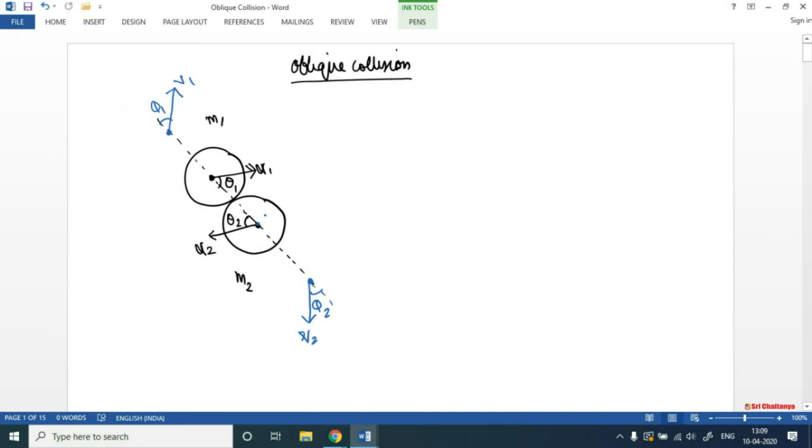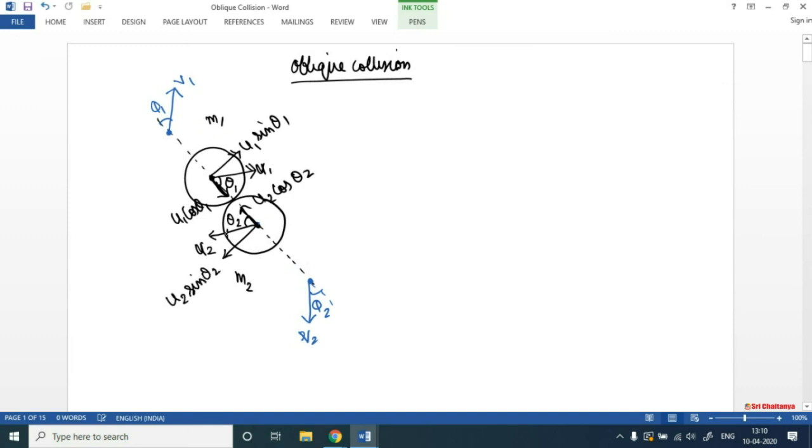First, we will be resolving the velocities along two mutually perpendicular directions: one along the line of impact and another perpendicular to the line of impact. So let's resolve. This component would be u1 cos theta 1 and this component would be u1 sine theta 1, and before the collision this component would be u2 cos theta 2 and this component would be u2 sine theta 2.